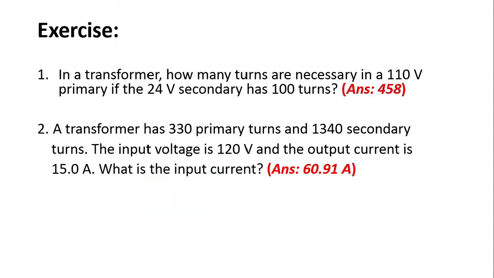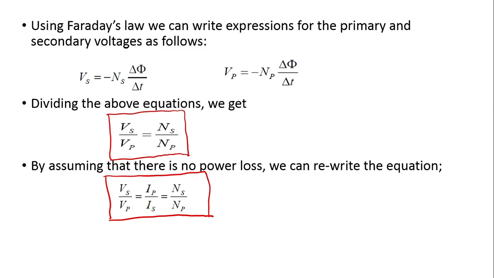Okay, so in a transformer, how many turns? Okay, how many turns maksudnya cari nilai N necessary untuk dia dapat bagi nilai V1 awak, V primary. If the 20 volt ni V secondary has a number of turns 2, dia cari N1. So just masukkan je dalam formula V1 per N1 equal to V2 per N2. 1 tu primary lah.